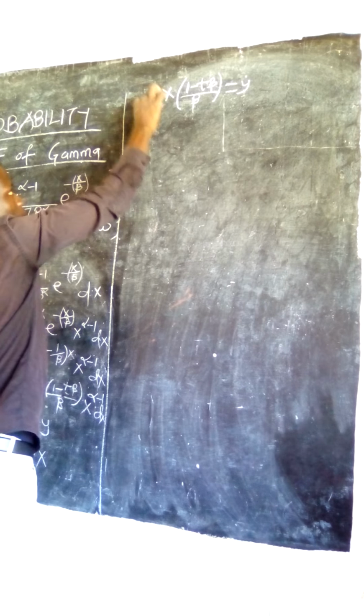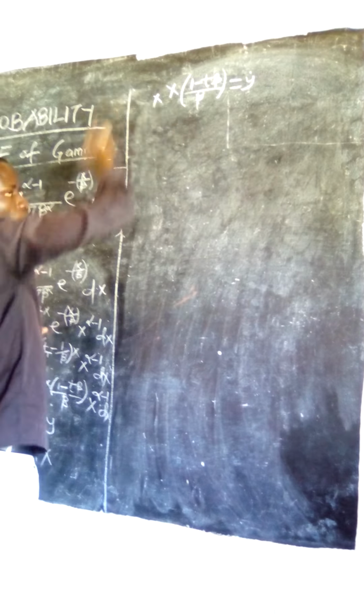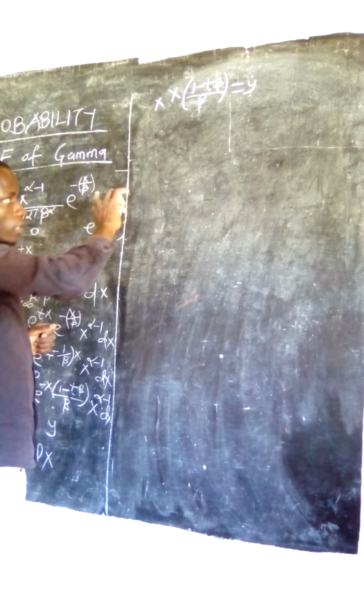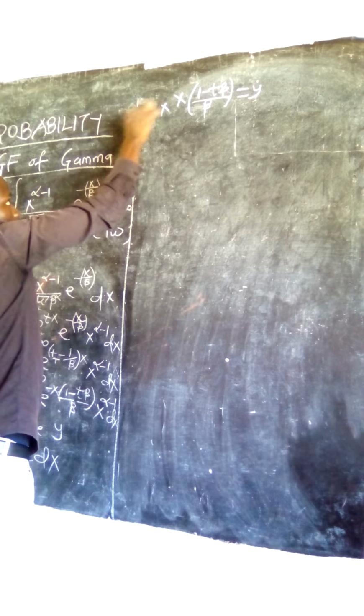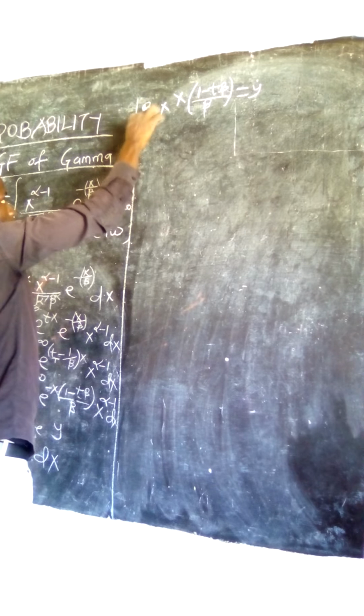The reciprocal is β over (1 − tβ). So I multiply both sides by β over (1 − tβ), whereby this one goes and I remain with x equal to that. So that is x = βy over (1 − tβ).